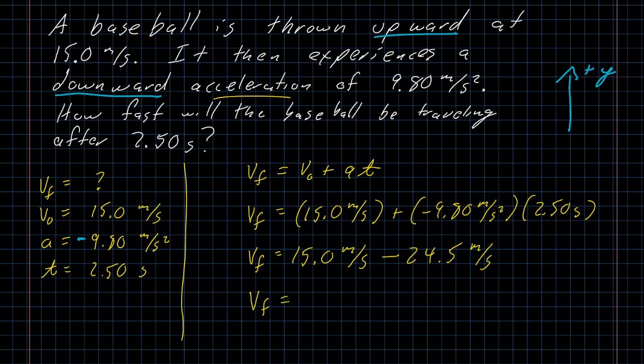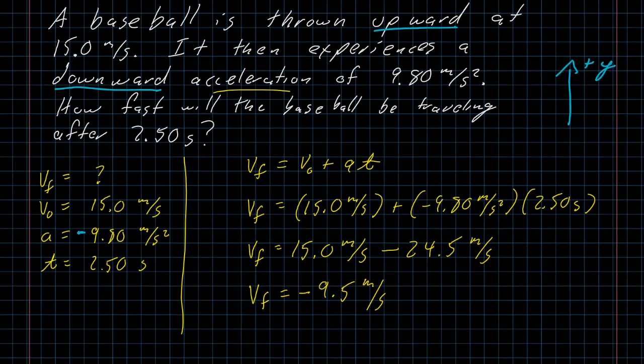15 minus 24.5, my calculator tells me, is negative 9.5. I guess I only have that many significant figures. Right, subtraction, so we round based on precision, the place value, tenths place in this case. 9.5 meters per second.